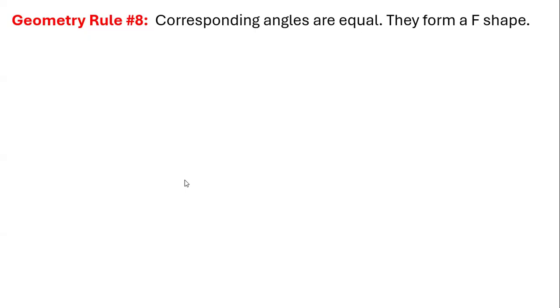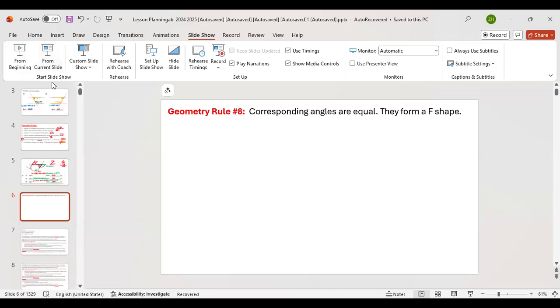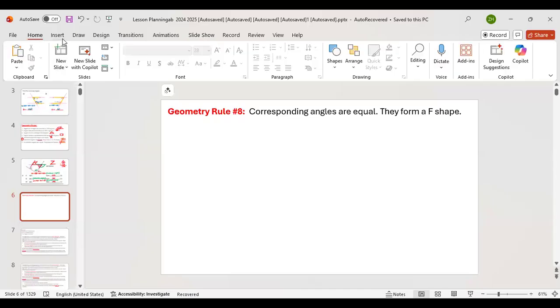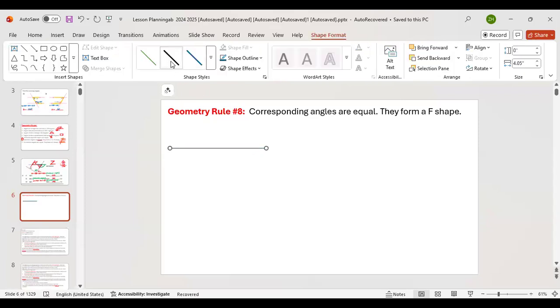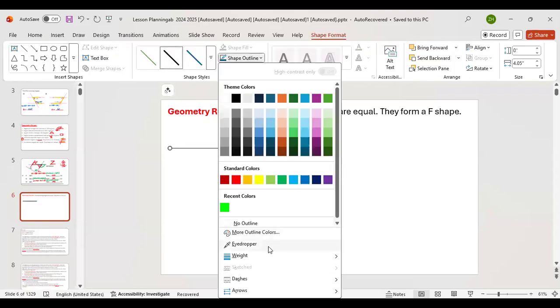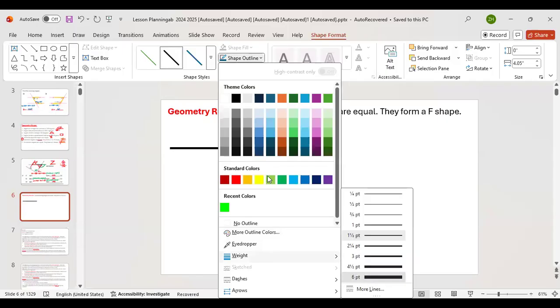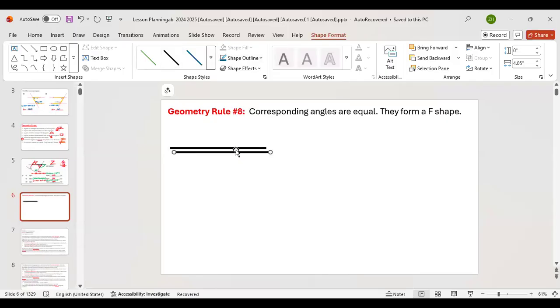Very good. So let's go ahead and do this. So again, the same ideas of this parallel lines and transversal thing. So it's gonna be this, and this is gonna be this.